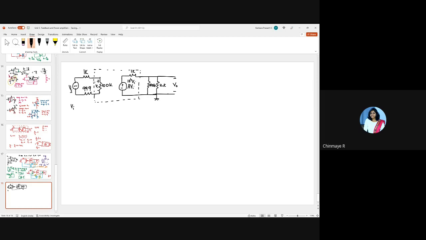This is again a voltage divider, isn't it? So this will be 100K divided by 100K plus 1.999K. This will be Vi by Vs. Is this clear to all of you? Does it require any explanation?